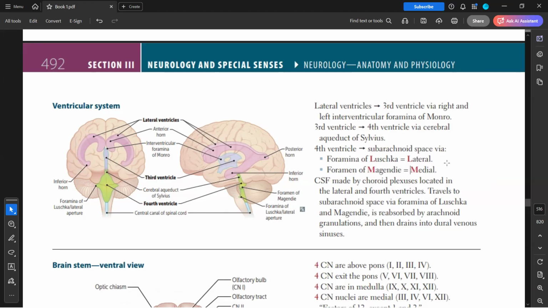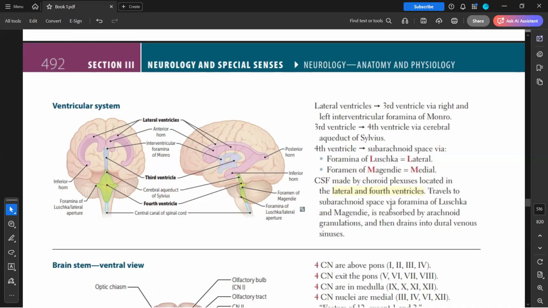Remembering is the key, and to remember stuff you have to make mnemonics, otherwise you're just going to forget. CSF is made by the choroid plexus, located in the lateral and fourth ventricles. So here we go. It travels to the subarachnoid space.